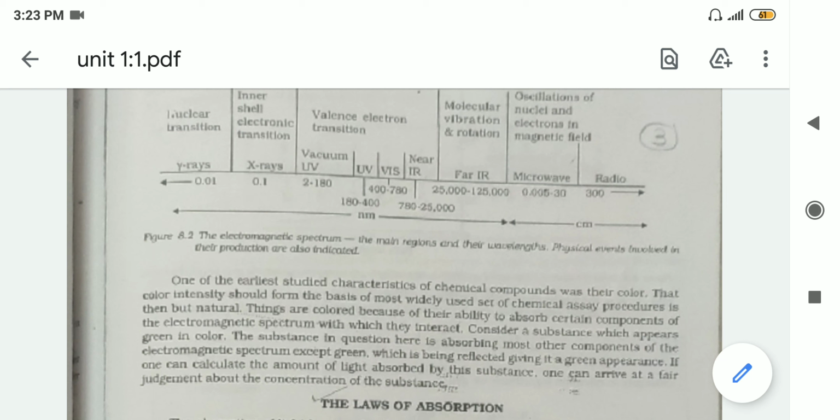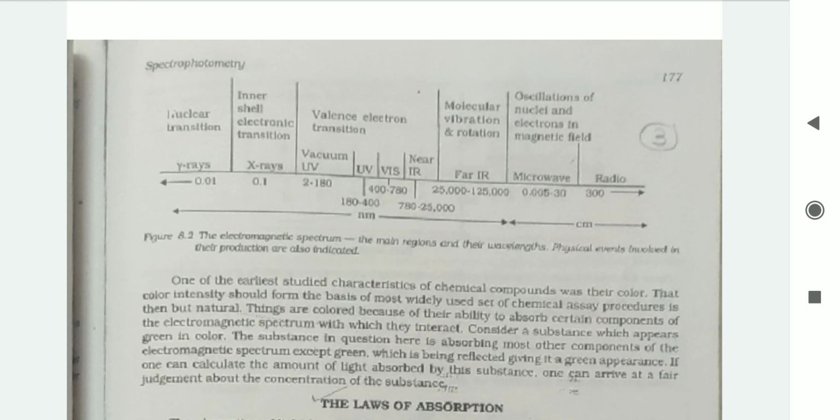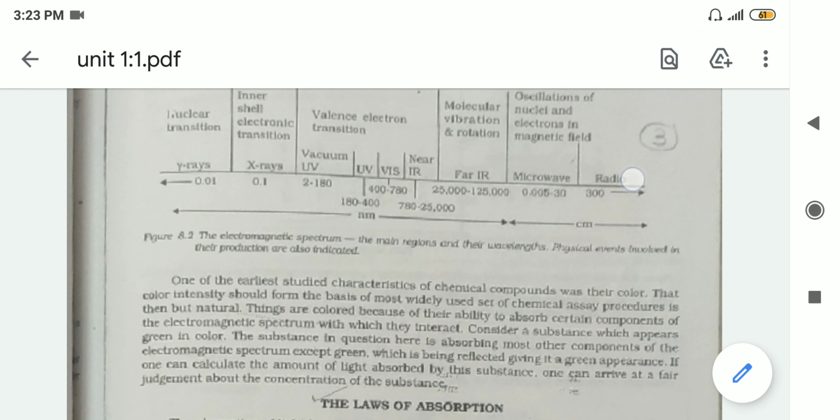Whenever electricity is supplied to a magnet, it creates these microwaves and radio waves. With this principle, we have the microwave oven and the FM radio that we can hear.